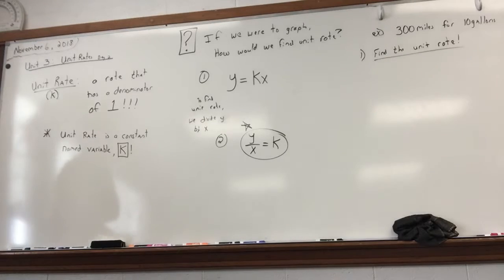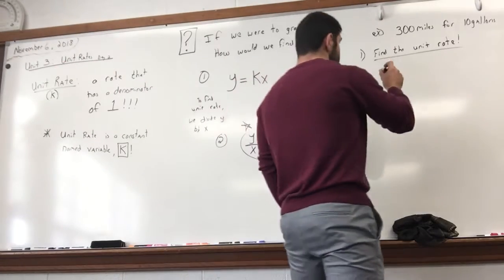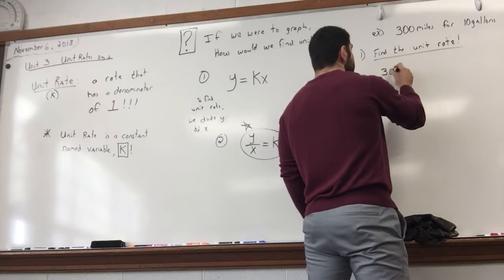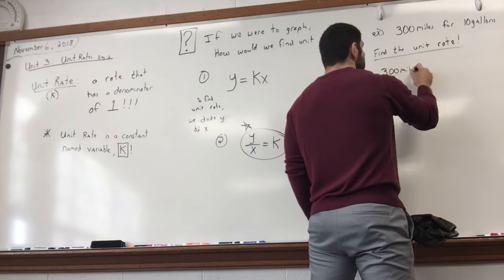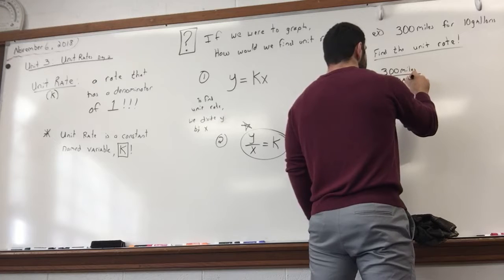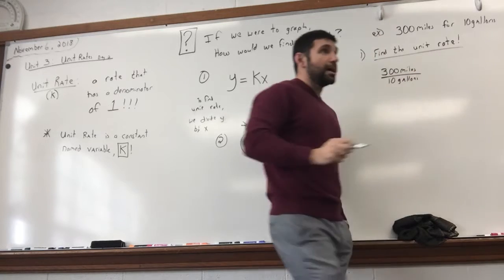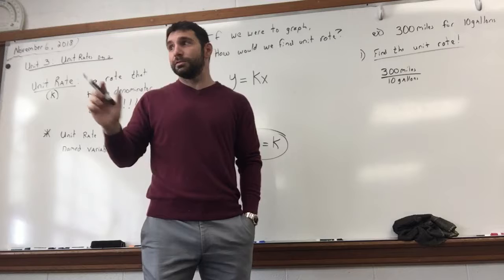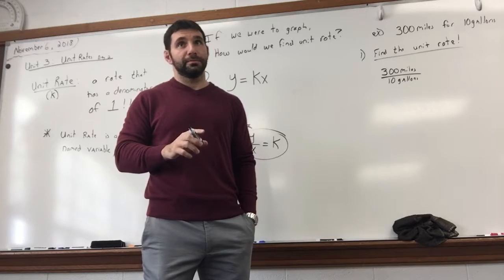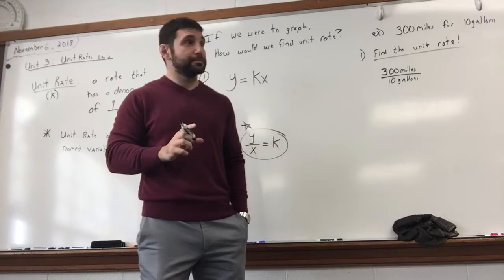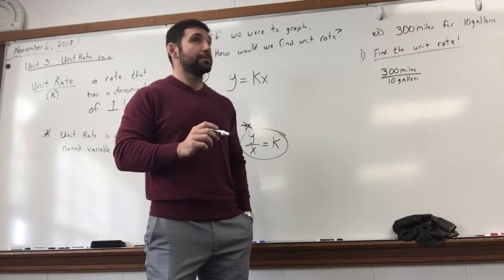This is no different from what we've been doing. How do we find the unit rate? What am I going to set up? Cece. 300 miles over 10 gallons. How do I find the unit rate now? What do I need to do? Divide. By what? And you divide the 300 divided by 10.